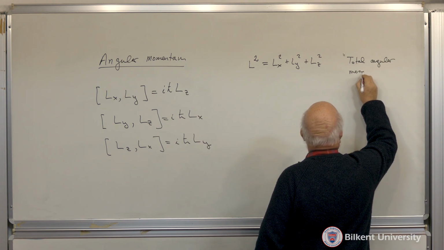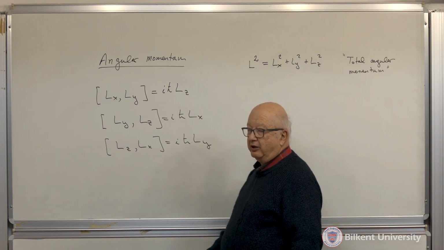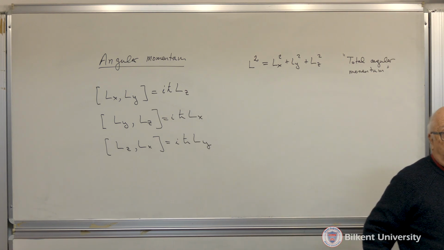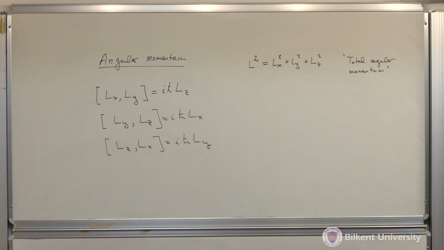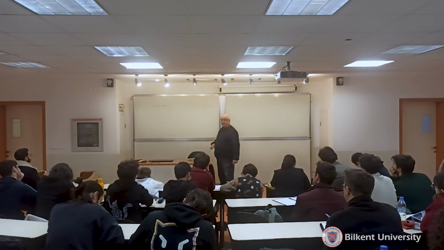This is just terminology, because actually it's angular momentum squared, but the L squared operator we call the total angular momentum operator. So we cannot measure these by themselves simultaneously, but can we, for example, measure any one of these objects simultaneously with L squared?